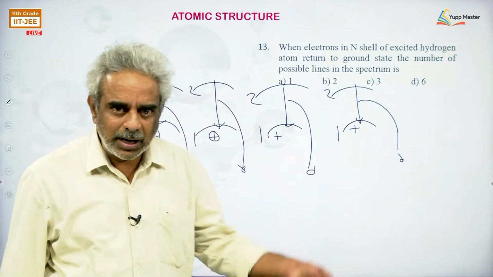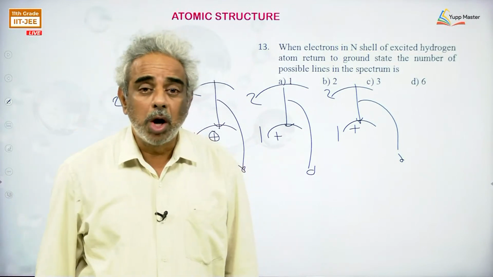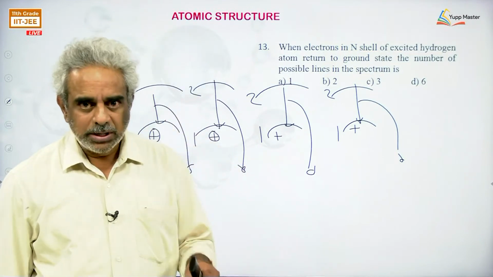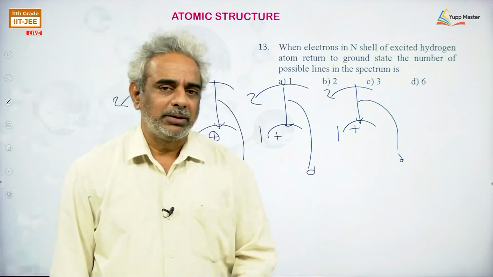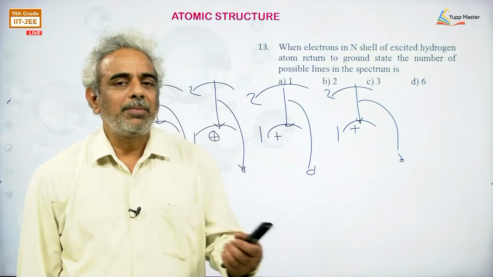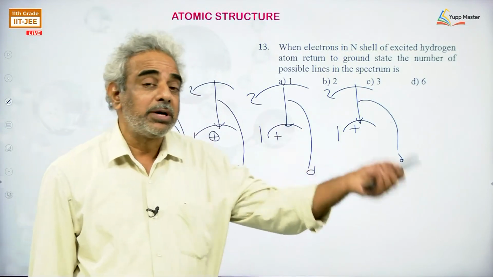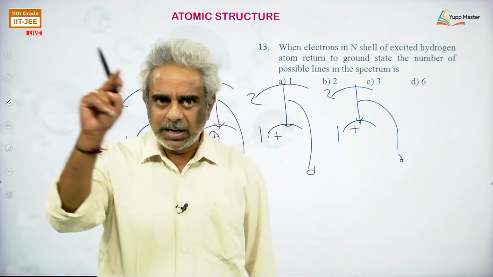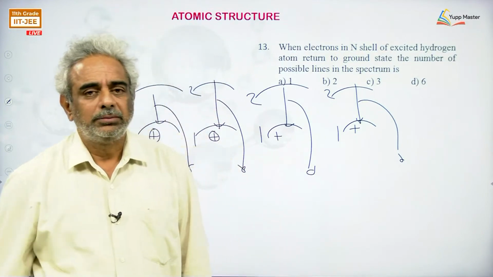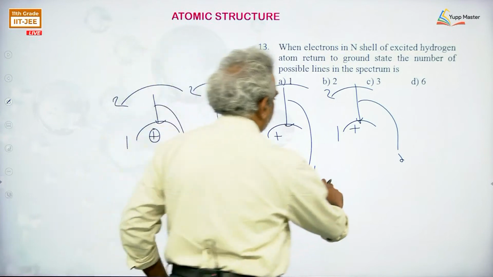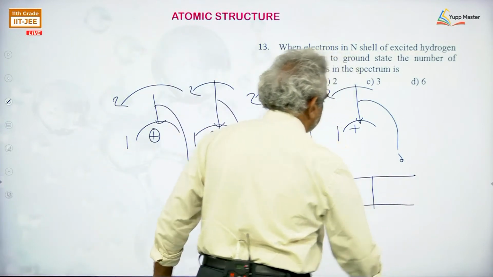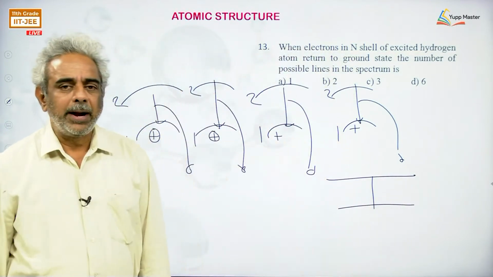So, will you expect 10 lakh spectral lines? No, because all of them have same wavelength. When all of them have same wavelength, how can you get different spectral lines? A spectral line is formed at a given wavelength. So, all of them will form a bright line, very bright line.